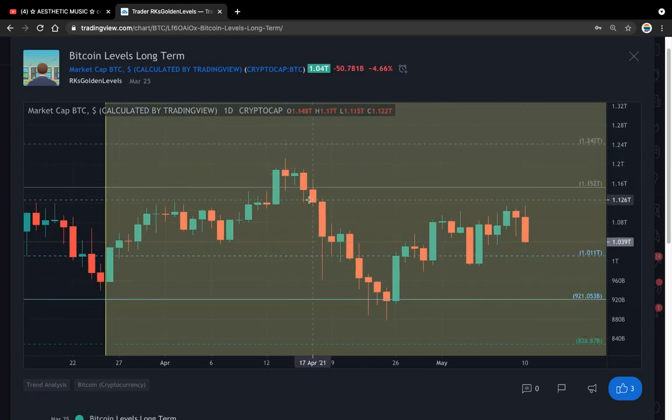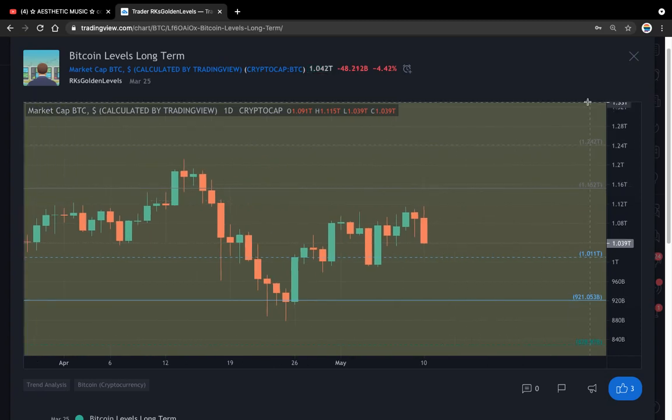When it reversed, we should have shorted over here or here. We got two levels target really easily. Then again, when it closed above, it is trying to go upside now to touch this level. It will touch this target soon.